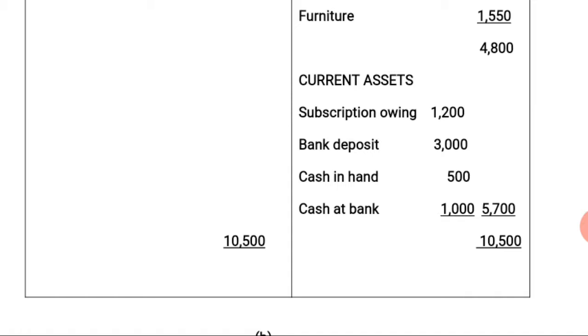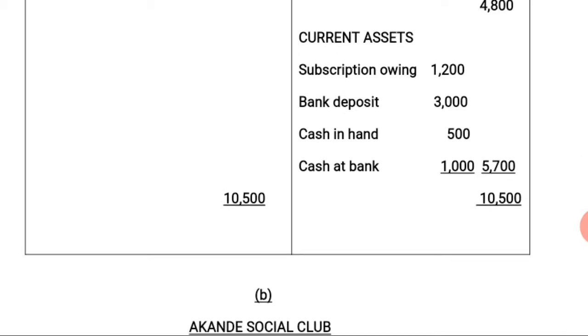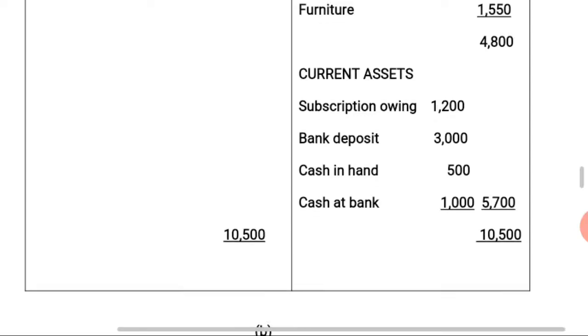All these items are summed together because they are the current assets as at the beginning of the year. So we have subscription owing of 1,200, bank deposits of 3,000 naira, and cash in hand of 500 naira, as well as the cash at bank of 1,000 naira, all totaling 5,700 naira.